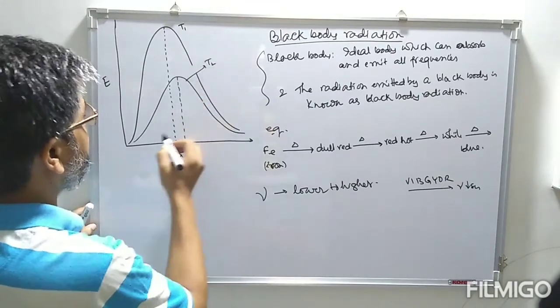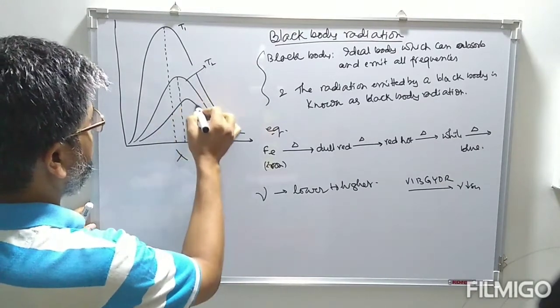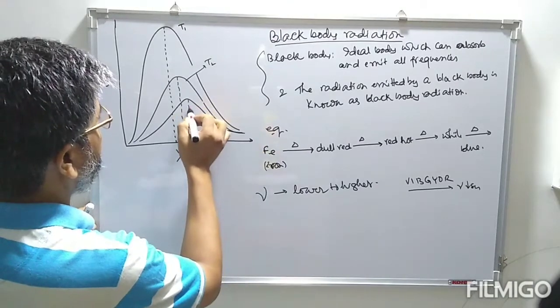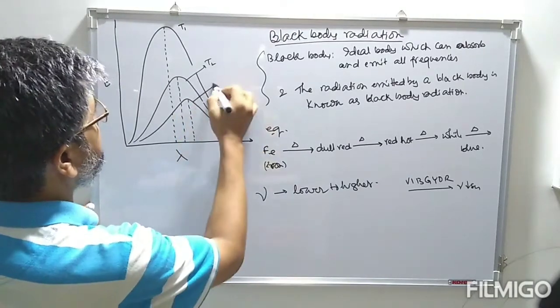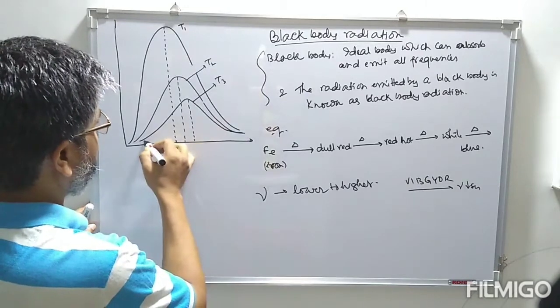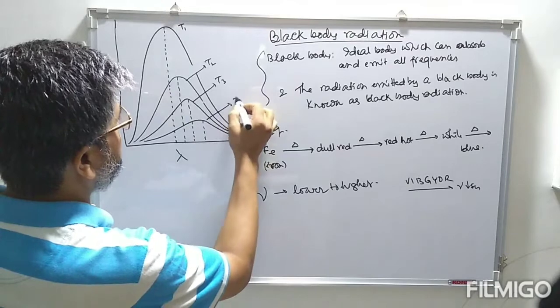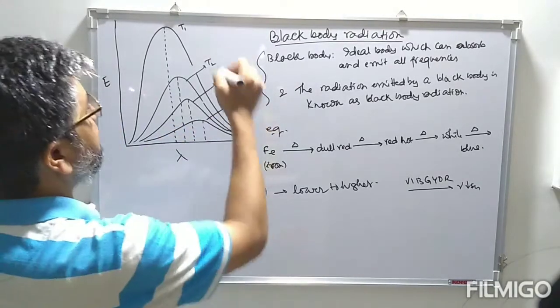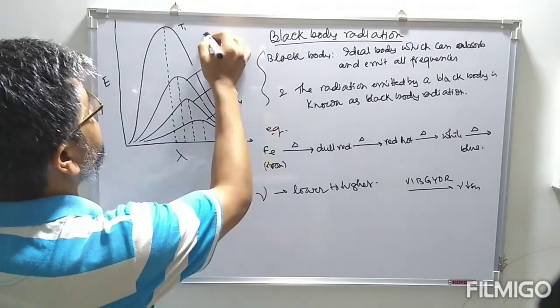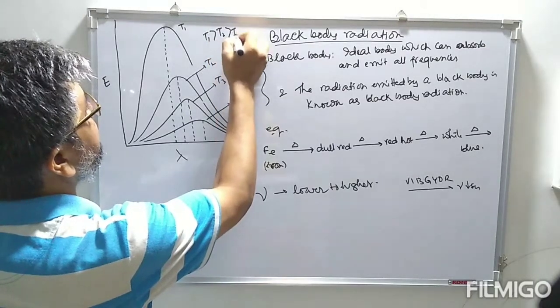Suppose this is at T2. This is at T3. This is at T4. Moving from T1 to T4, the temperature decreases.